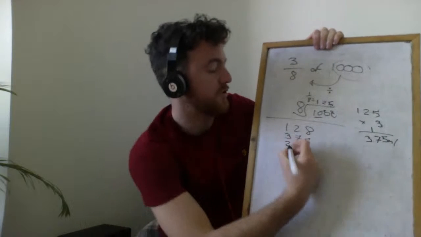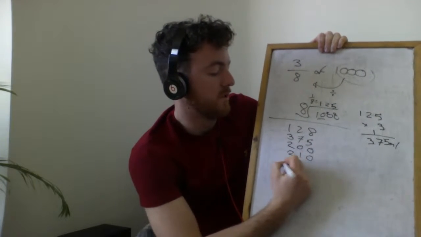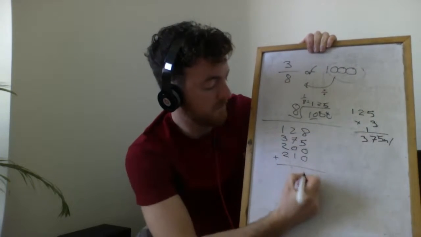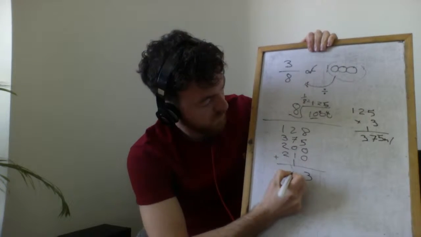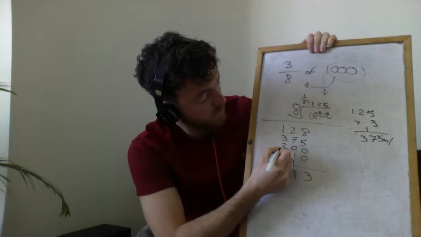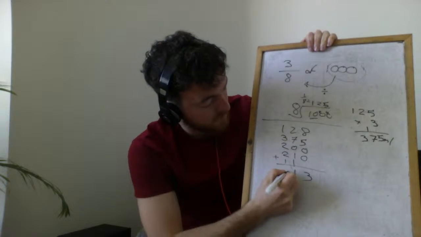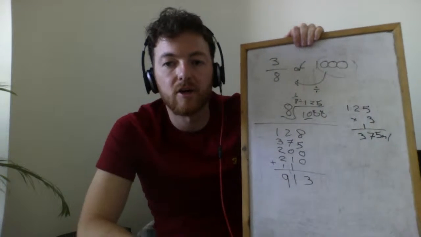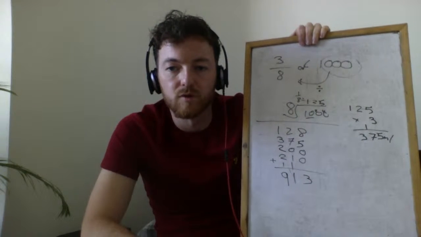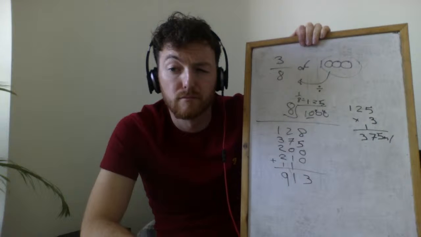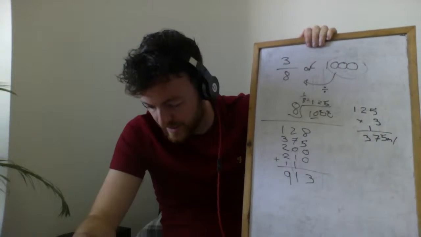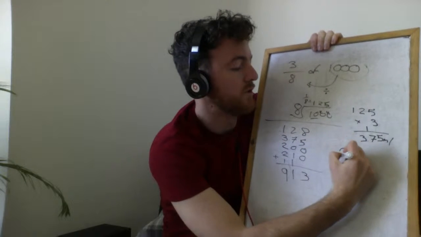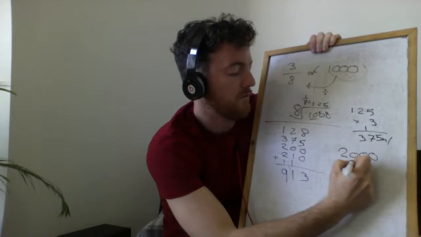And the last one is 210. So add them all up. And we should have had 913 mils. With that 913, we're going to take it away from 2000.